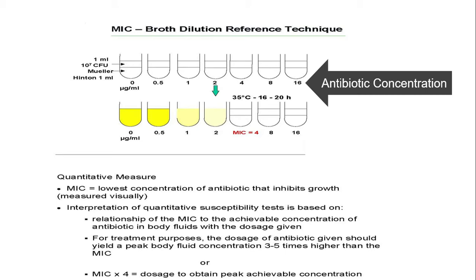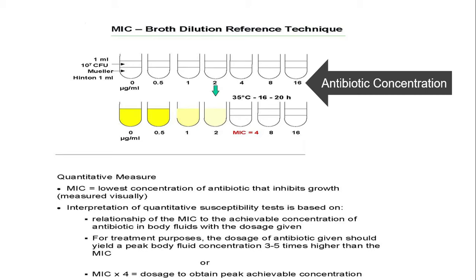Yellow color represents the bacteria, and as the color fades, the concentration of bacteria decreases. At 2 microgram per ml the concentration is lowest, and at MIC equal to 4 the concentration is 0. So this is the basic MIC for this particular antibiotic, the lowest concentration of antibiotic that inhibits the growth of the bacteria. This is measured visually here.